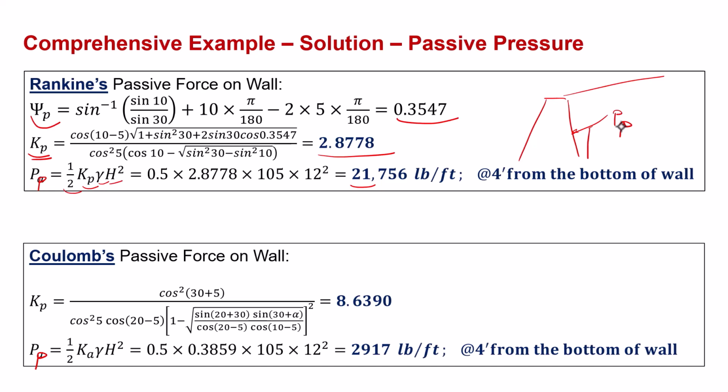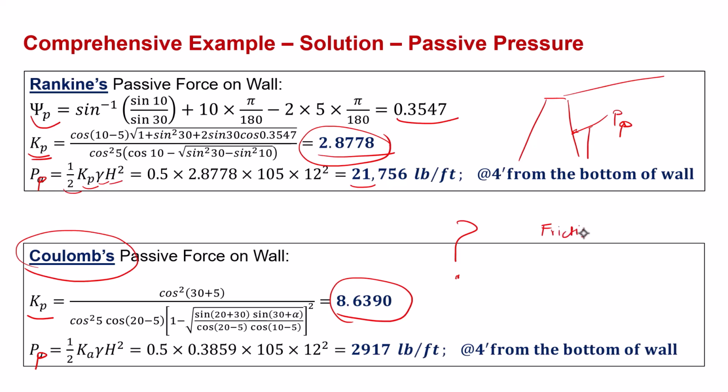One important thing that you should pay attention to is that Kp for Coulomb's theory would be a very large value as compared to Rankine's theory. And what is the reason for that? The reason for this difference is considering the friction between soil and wall.